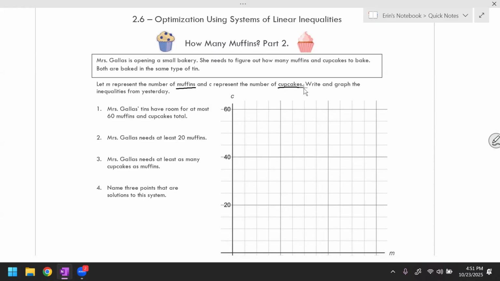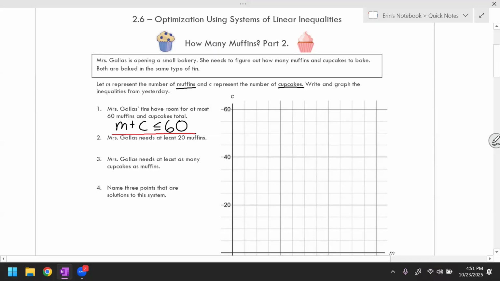So for example, we said that Mrs. Gallus's cupcake tins, her trays, only have room for at most 60 muffins and cupcakes, right? So muffins plus cupcakes can't be any bigger than 60. So we have our first constraint here, m plus c less than or equal to 60, which I'm going to draw in red.